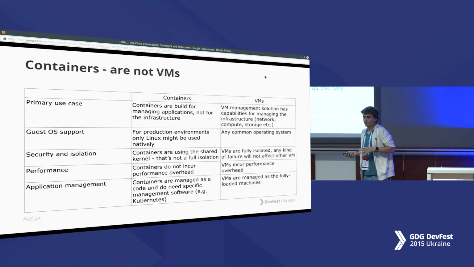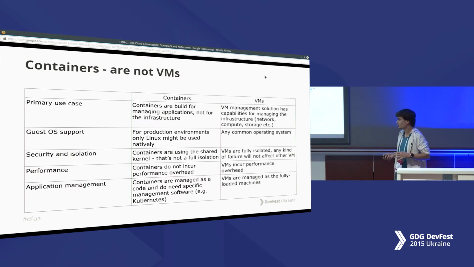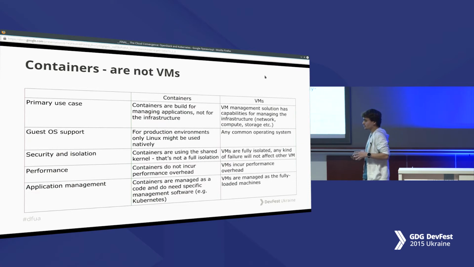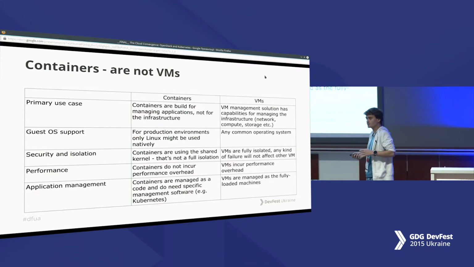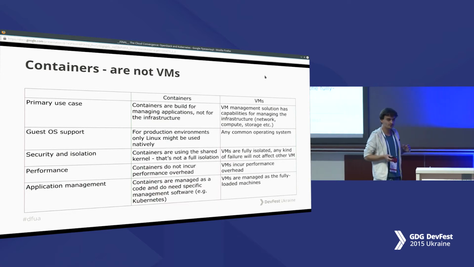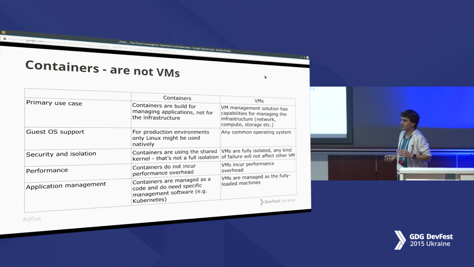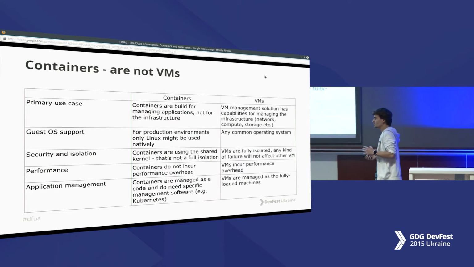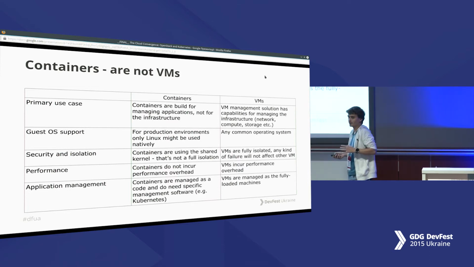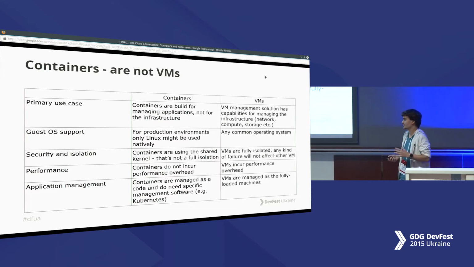One of the greatest benefits of containers is their performance. When you use a fully virtualized system, you receive approximately 10 or 15% of overhead compared to the classic bare metal system.